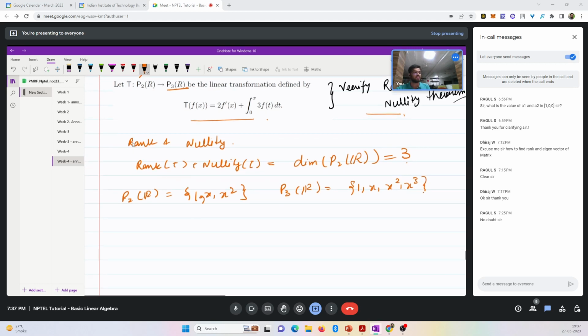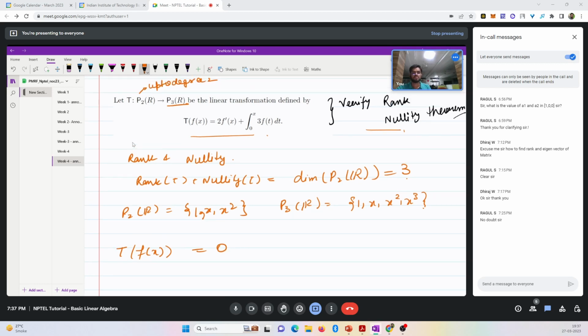Let's first try to find the null space. What we want is all those functions which map to 0.